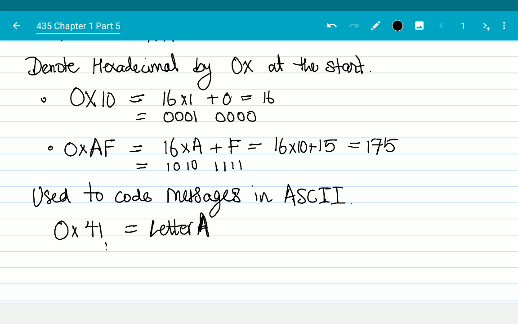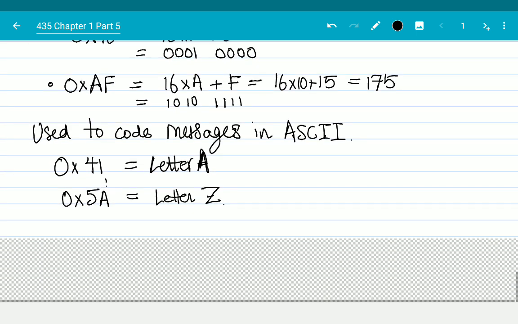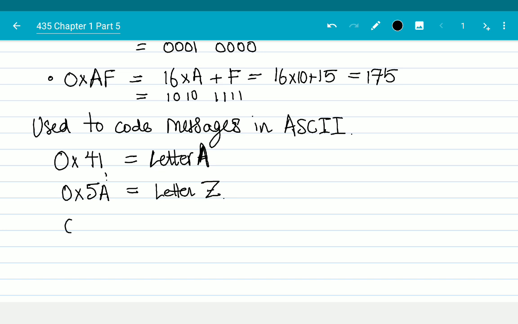Then it goes down, so 0x5A is equal to letter capital Z, okay? 0x61 is letter small a, and again dot dot dot, 0x7a is equal to letter small z.